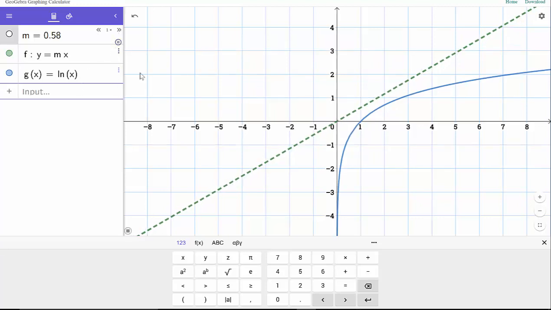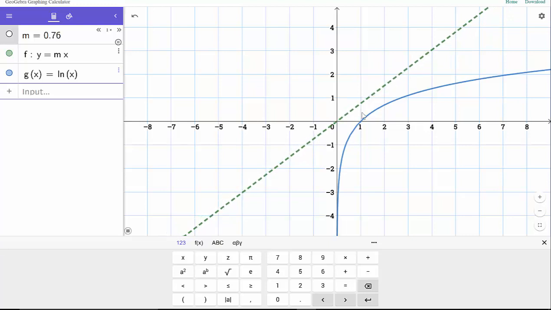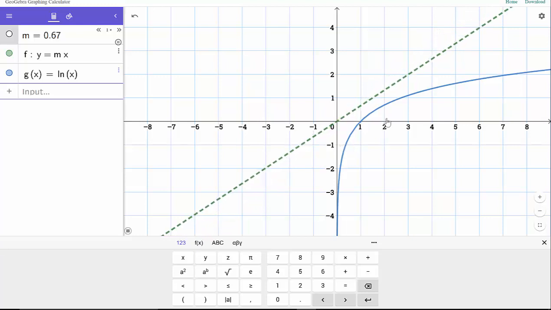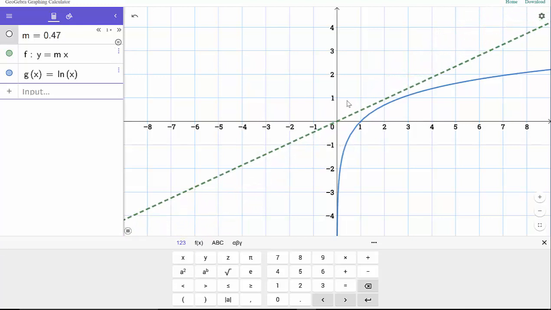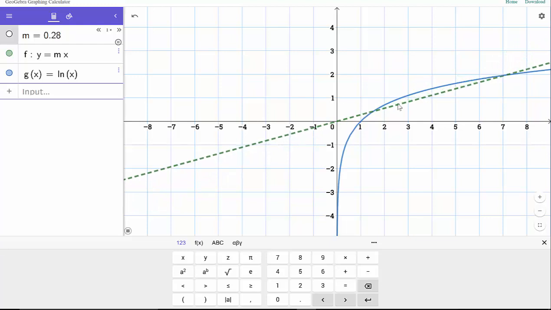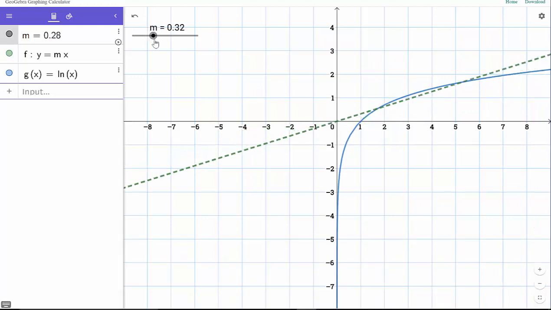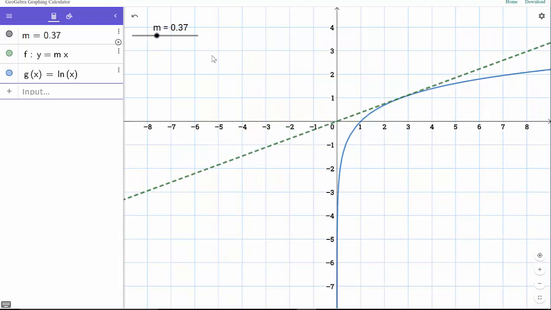What we want is to find what the slope should be in order for these to be tangent at one point. Well, you can see it's about right there, not anymore because now it's not tangent, but you can see it is about right here-ish. Okay, so our goal is to find it when it's right here.